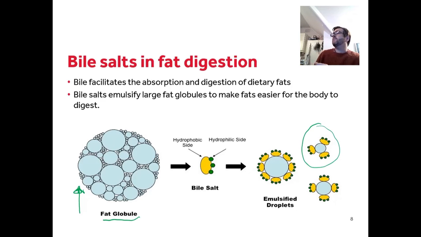If you think of something emulsified, think of something like mayonnaise compared to oil floating on water. Those smaller emulsified droplets are easier for your body to digest and absorb those fats from your diet.